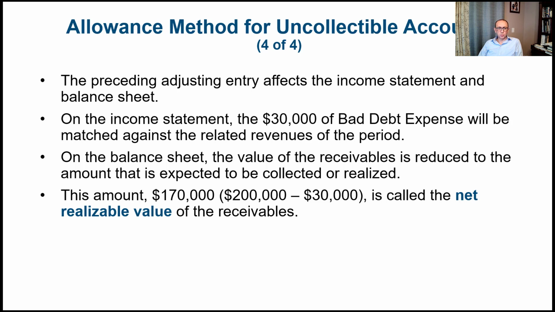This amount is 170,000, which is the 200,000 minus the 30,000, and we call that the net realizable value of the receivables. So we present the accounts receivable at full value, which is the 200,000, and we subtract from it 30,000, which is the allowance for doubtful accounts, and the net value we call net realizable value of accounts receivable.